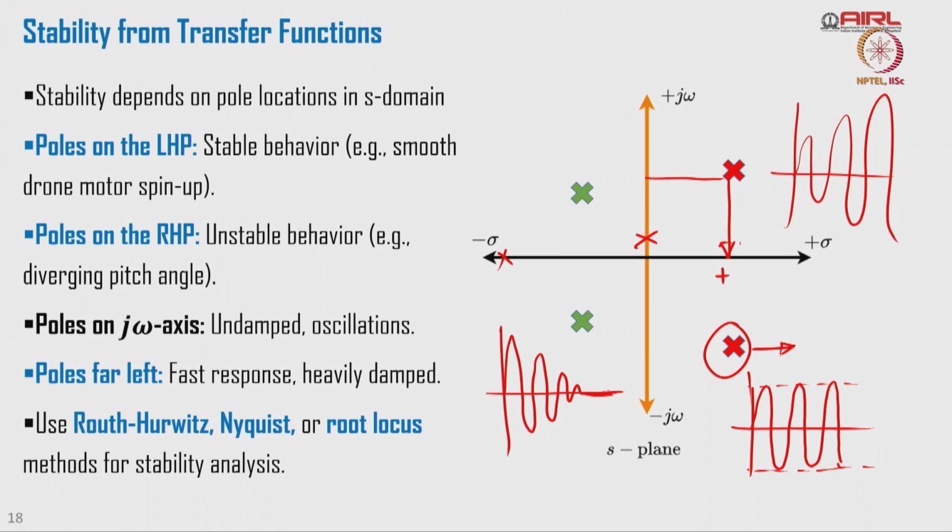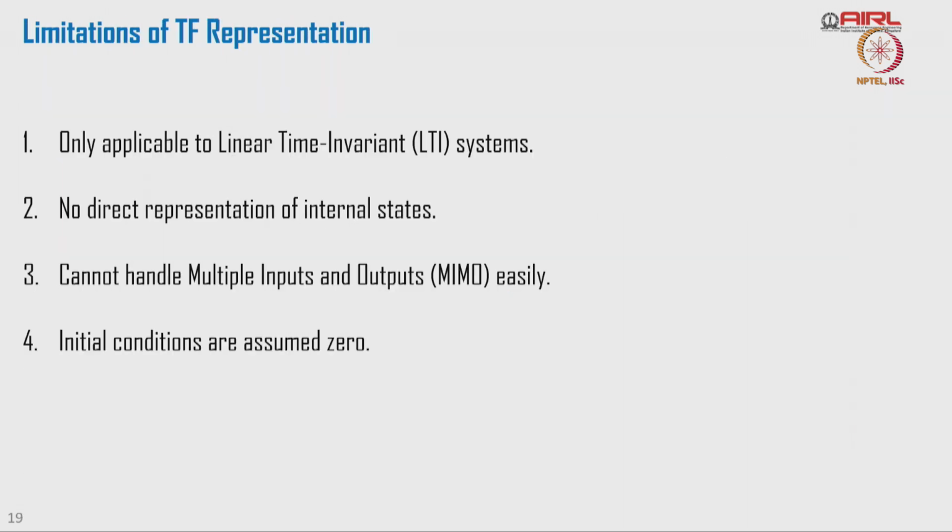All this analysis of transient performance and stability can be done with mathematical tools like Routh-Hurwitz criterion, Nyquist criterion, root locus analysis and so on, but these are not the scope of this particular lecture.